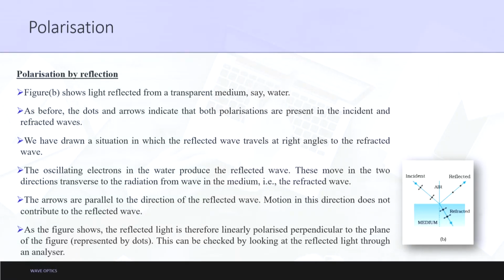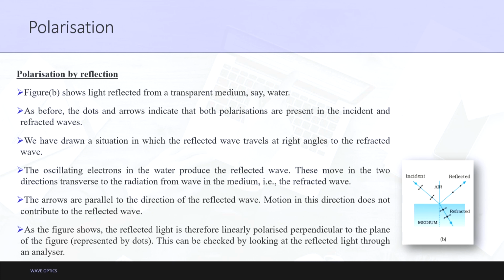Hence an unpolarized light is converted into a polarized wave, let us suppose a y-polarized wave. So this is the complete process. The process of conversion of unpolarized light into polarized light is called polarization, and the device used is called a Polaroid. So the first method was scattering.